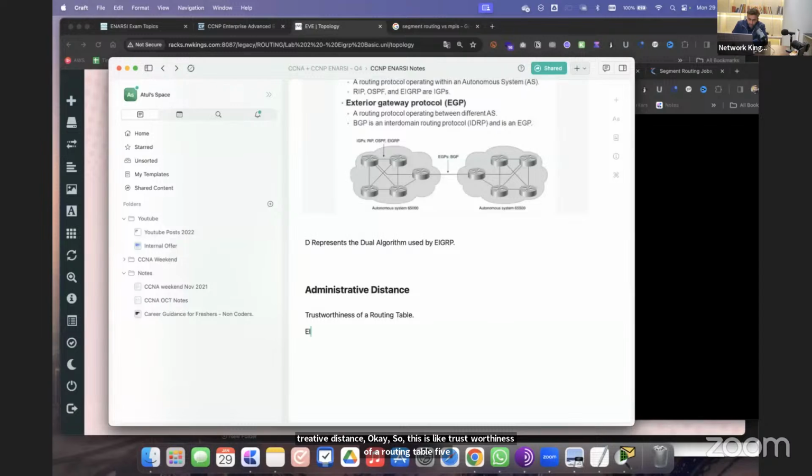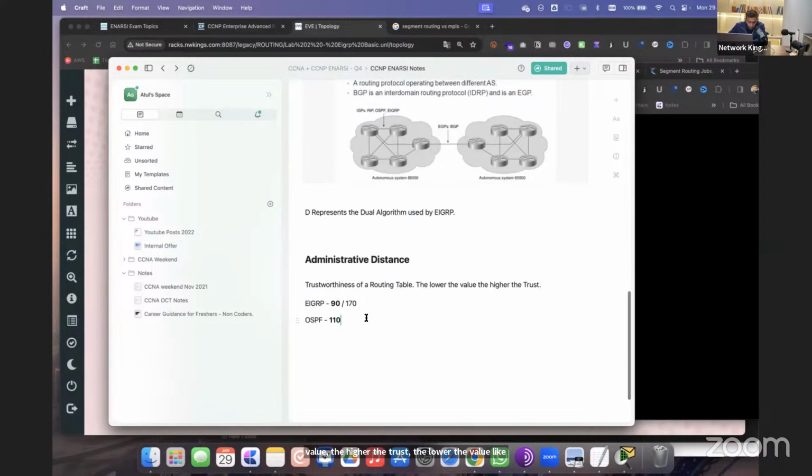Okay, like EIGRP has an AD value 90, and for external route it is 170. OSPF has 110. So tell me, 90 is better or 110 is better? The lower the value, the higher the trust. The lower the number, the higher the trust.